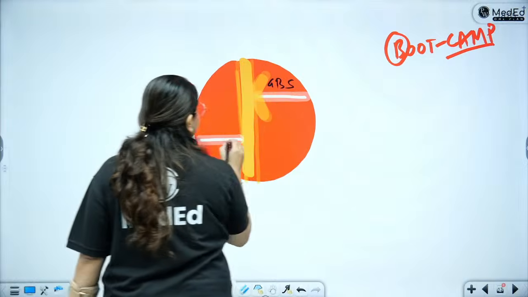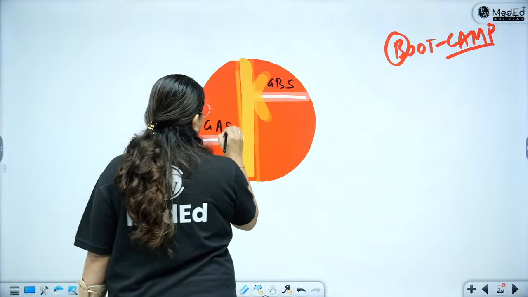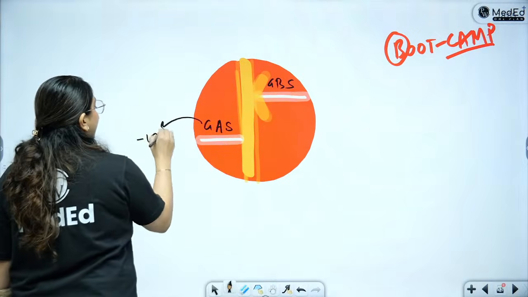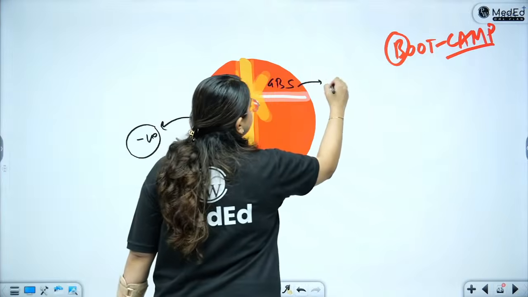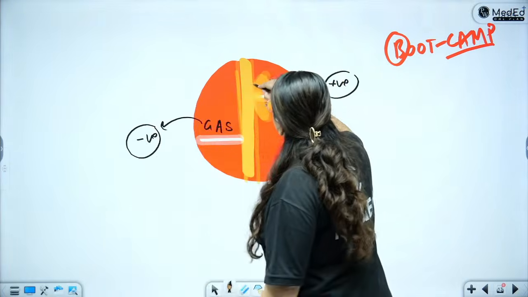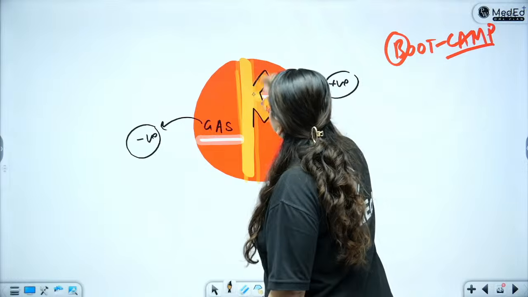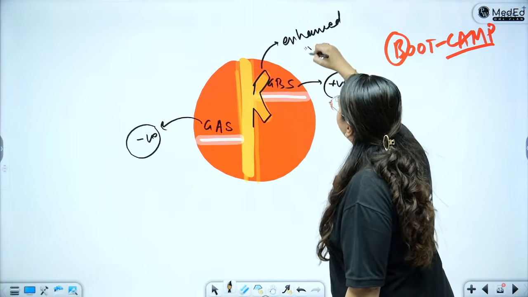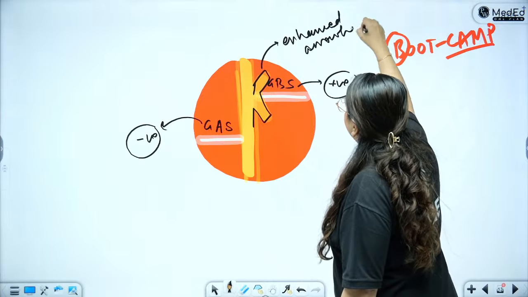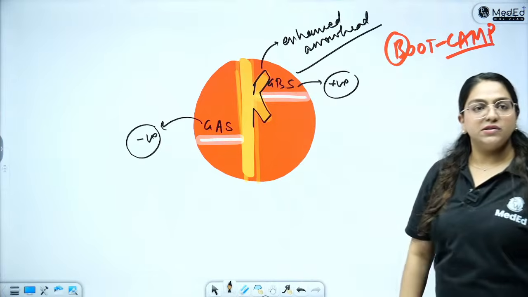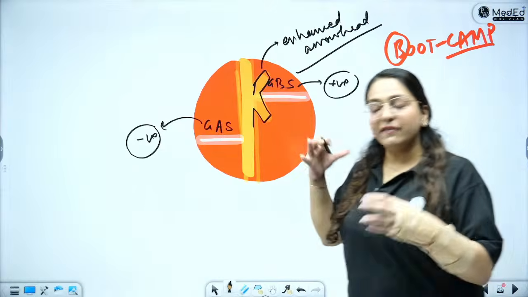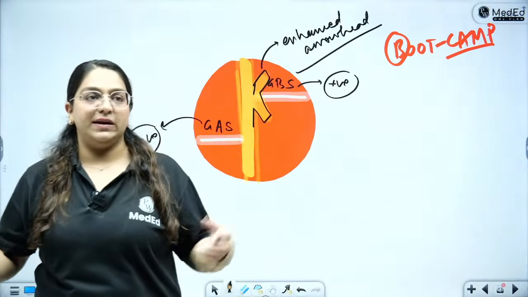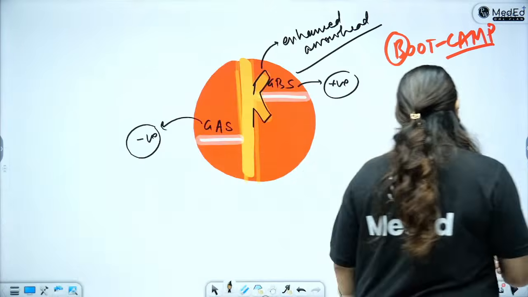And the negative one becomes group A Streptococcus. Group A Streptococcus is CAMP negative, whereas group B is CAMP positive, wherein you see this enhanced arrowhead zone of beta hemolysis. Done. It will be made in the exam. If I can draw it quickly, you can draw it quickly. Just draw these things quickly in the exams.